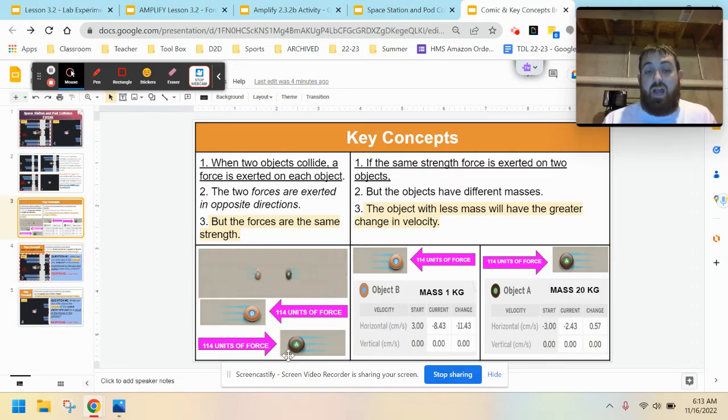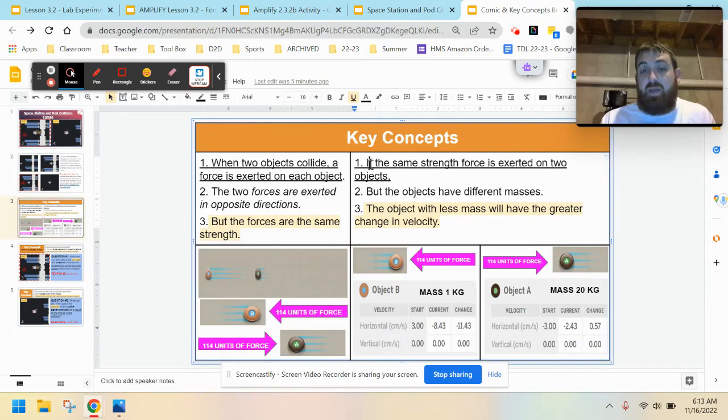And if you notice, each of these objects, though different, are experiencing the same force. So we have a key concept that can help explain what would happen when two objects experience the same forces. That key concept says if the same strength force is exerted on two objects, but the objects have different masses, the object with less mass will have a greater change in velocity.